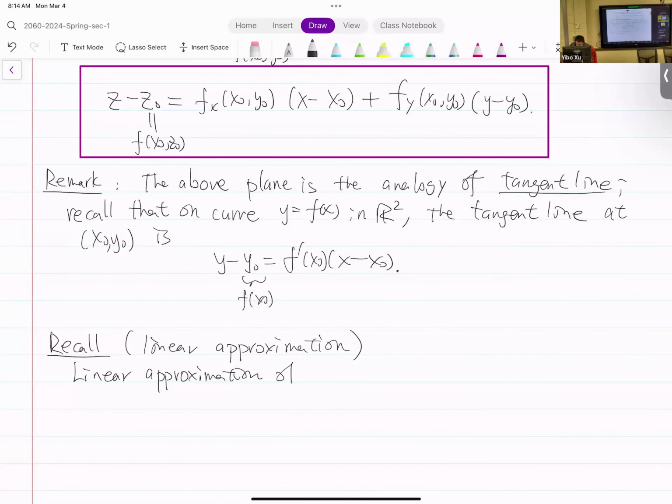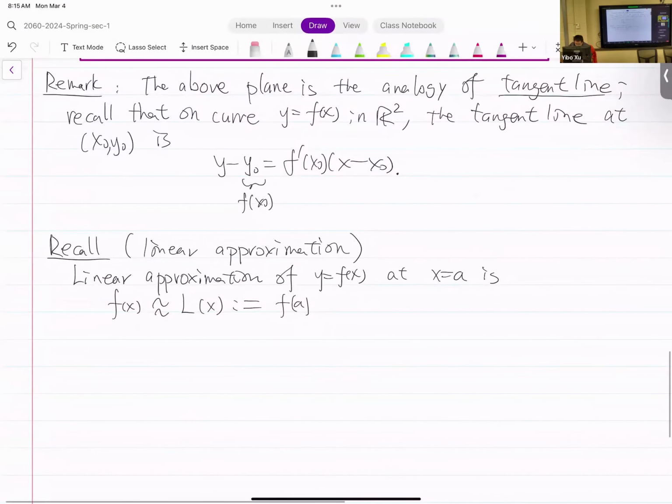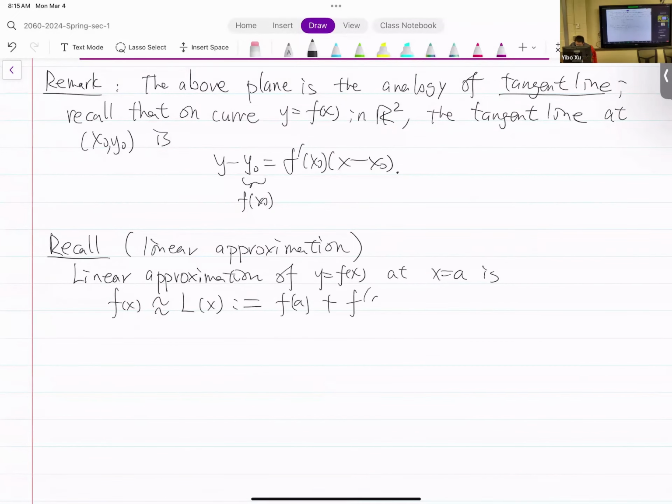So a linear approximation of y equals f of x at x equals a is, we call it capital L. So f of x approximately equals L of x, where this is defined as the tangent line. So basically it's f of a, which is the output of the function that we start with in the equation right above, plus f prime of a, the slope of tangent, multiplied by x minus a.